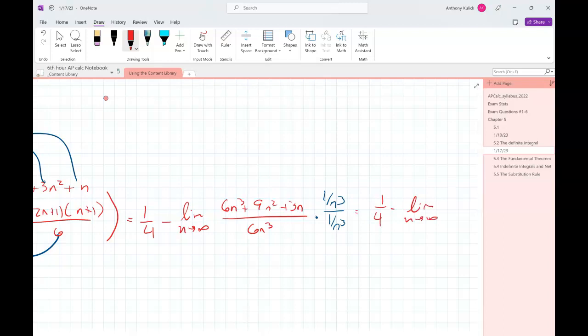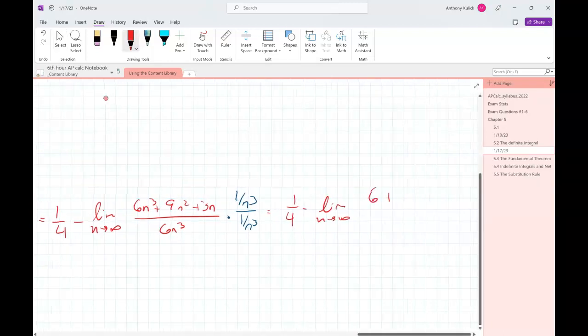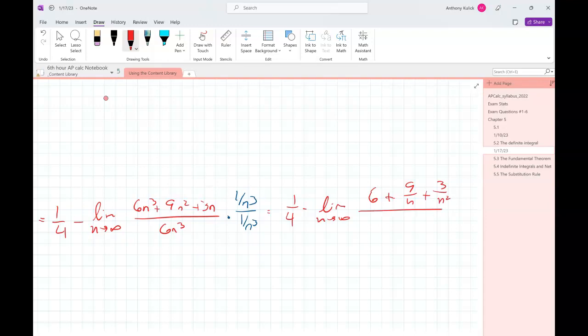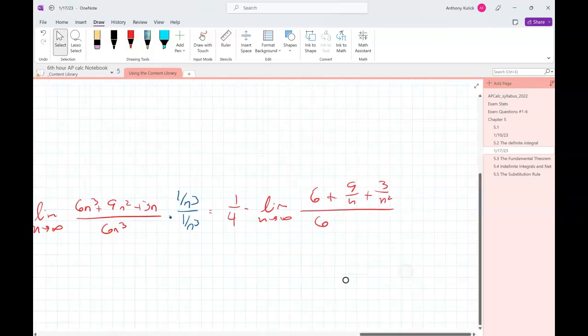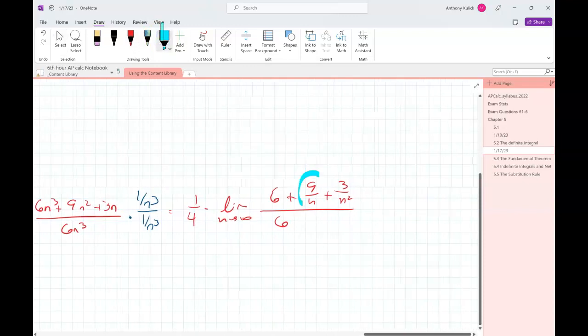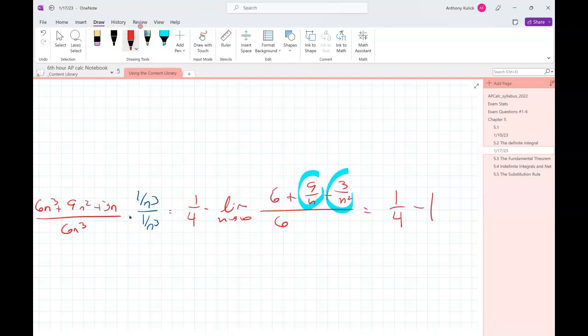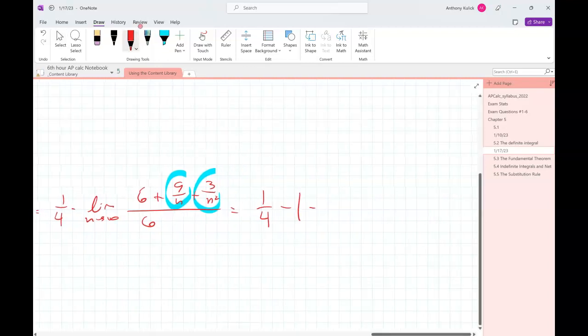So I'm going to get (6 plus 9 over n plus 3 over n squared) over 6. And if I do my limit, these guys go to 0. So I have 1/4 minus 1. I should get negative 3/4.